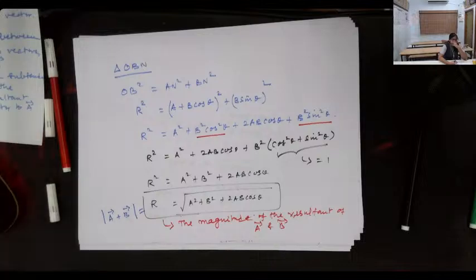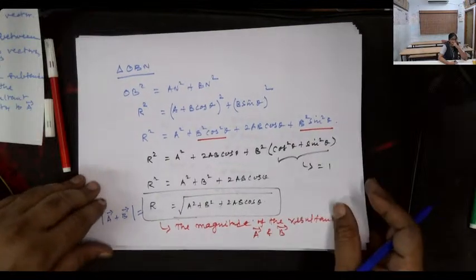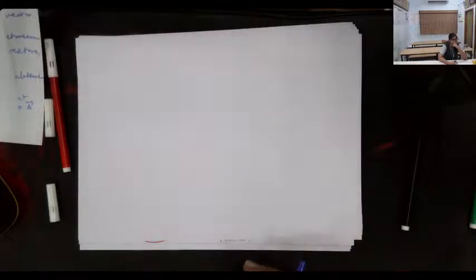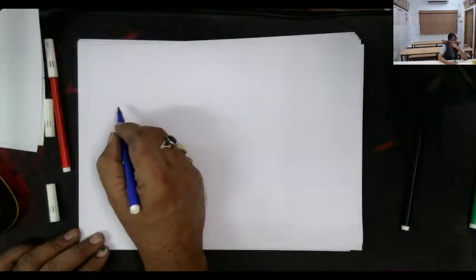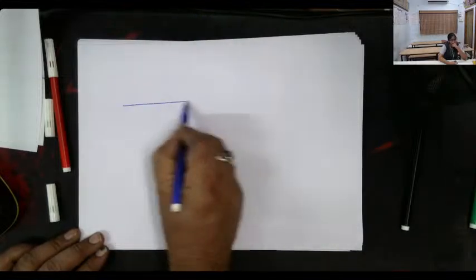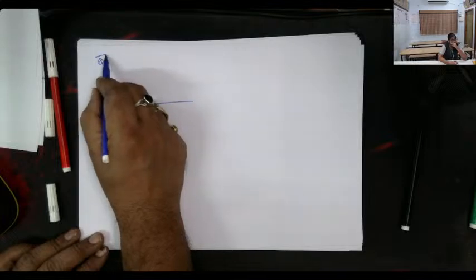Now let us discuss a small problem based on this. Two vectors, vector A and vector B, subtend an angle of 60 degrees.